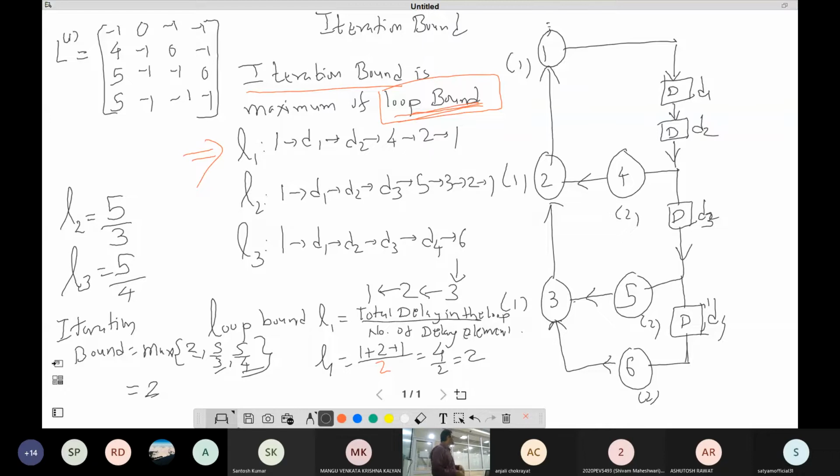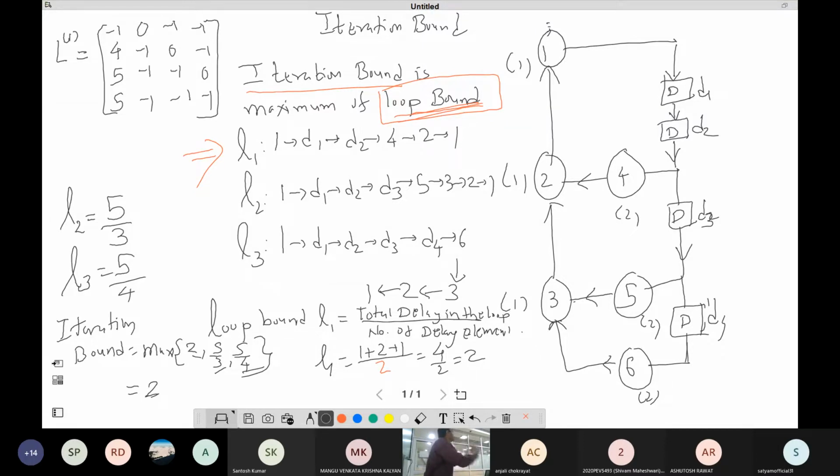Somebody says 3, somebody says 6. For a DSP circuit this could be a very simple one, but you can have some complex DSP algorithm where the graph looks very different, where through human observation it is very difficult to find the loops.